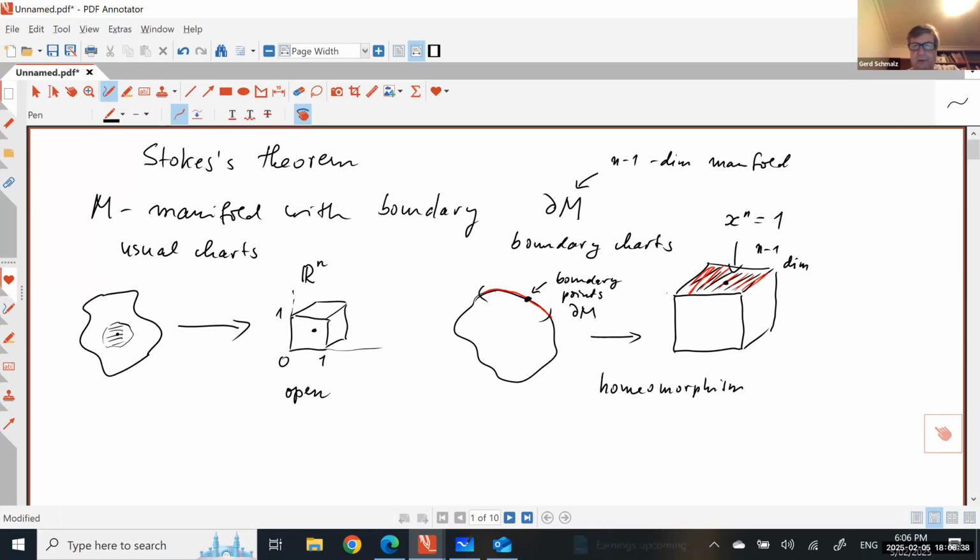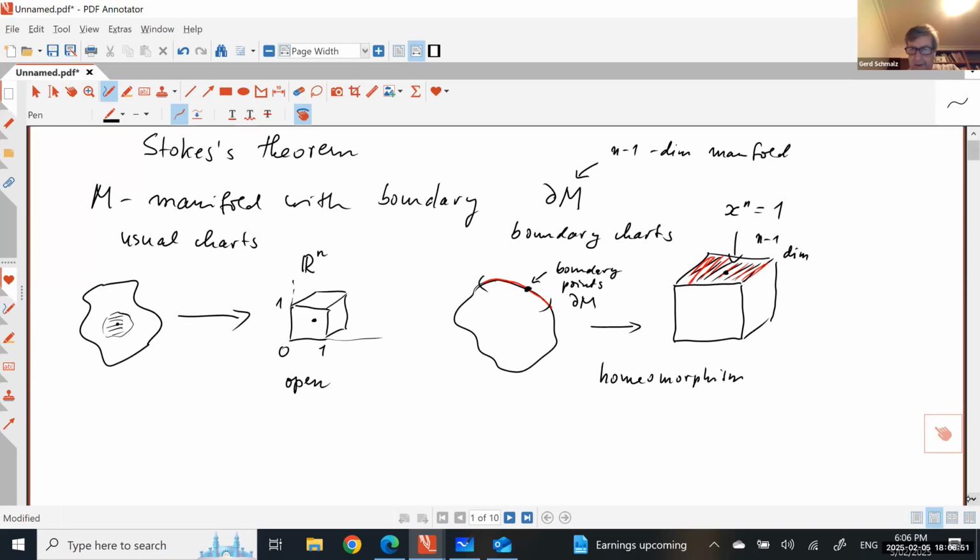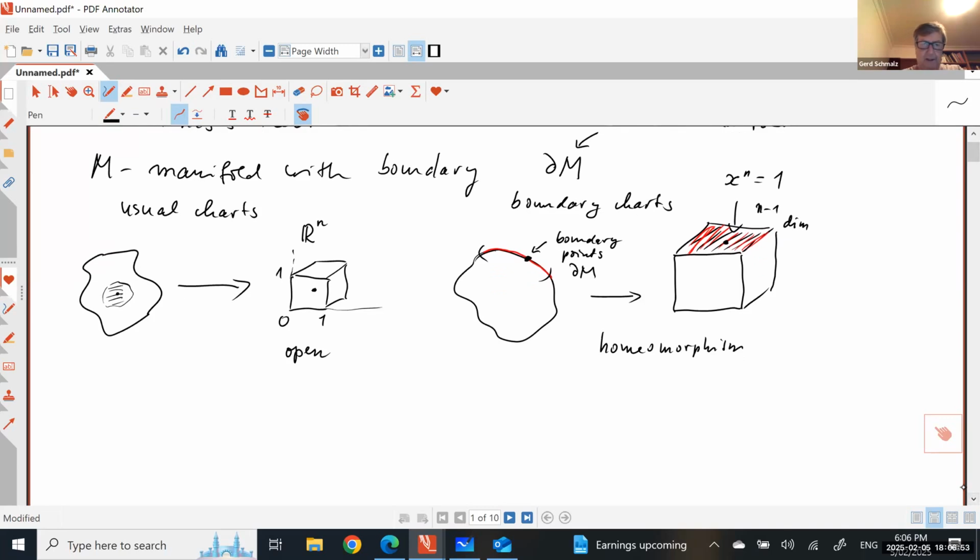I don't want to go too much into details here. So we have these connected manifolds with the boundary.